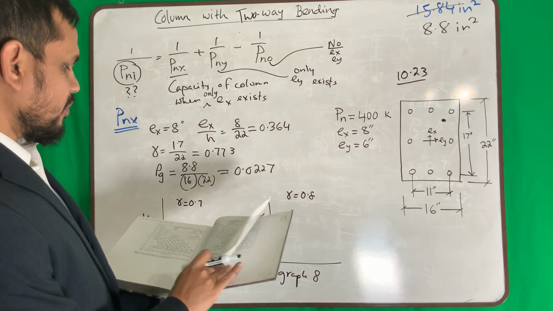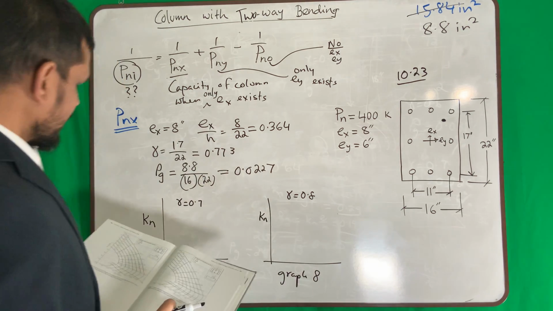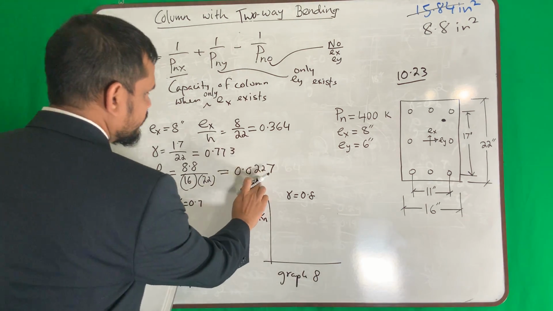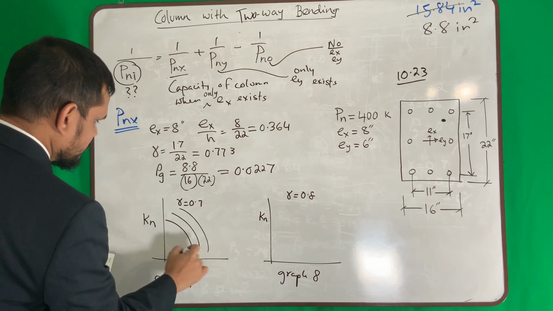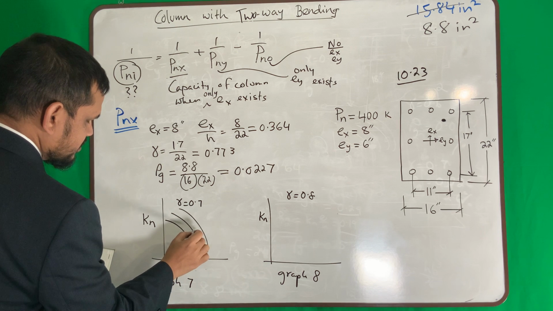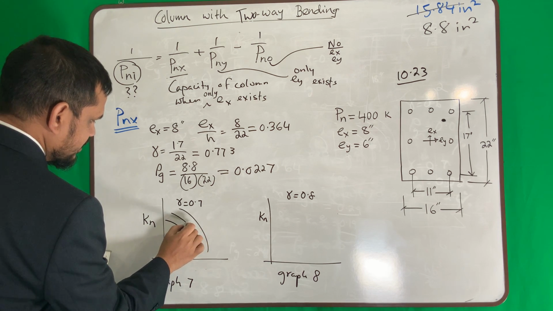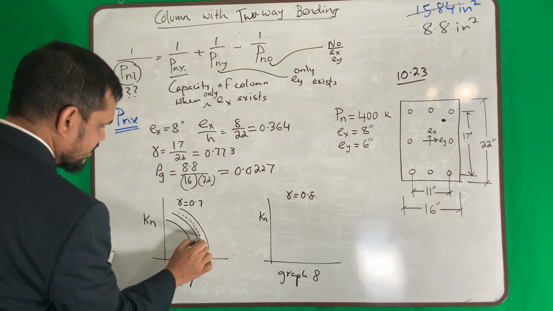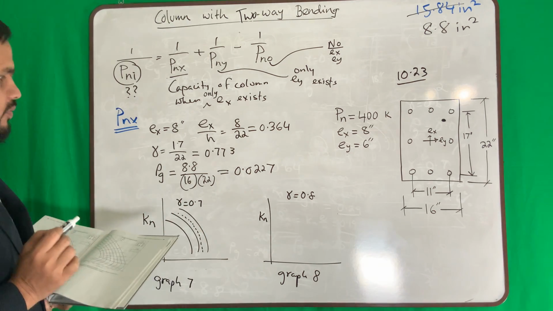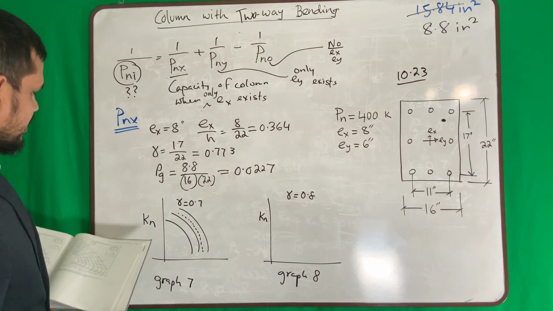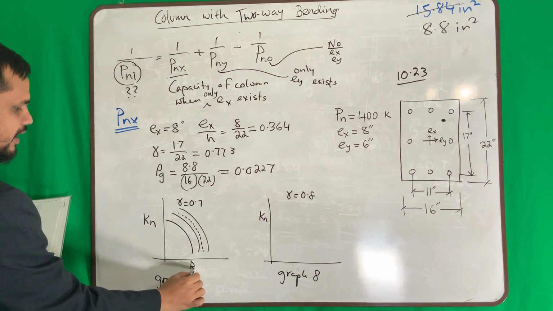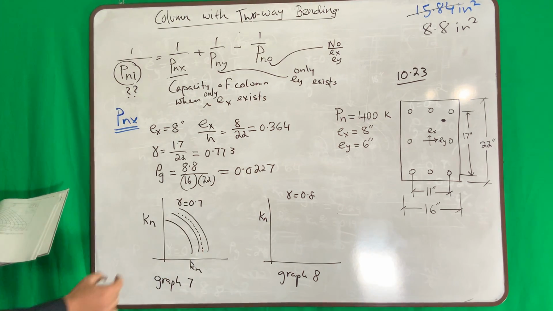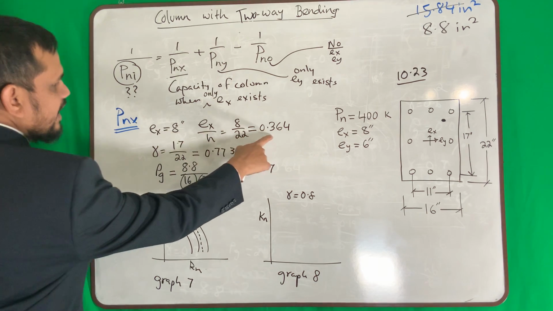So gamma 0.7. Now what is our reinforcement? 2.2%. So there are some lines, 1, 2, and somewhere my line is here, 2.2. Now I do not know my Kn, I do not know my Rn, but I know my e by h.